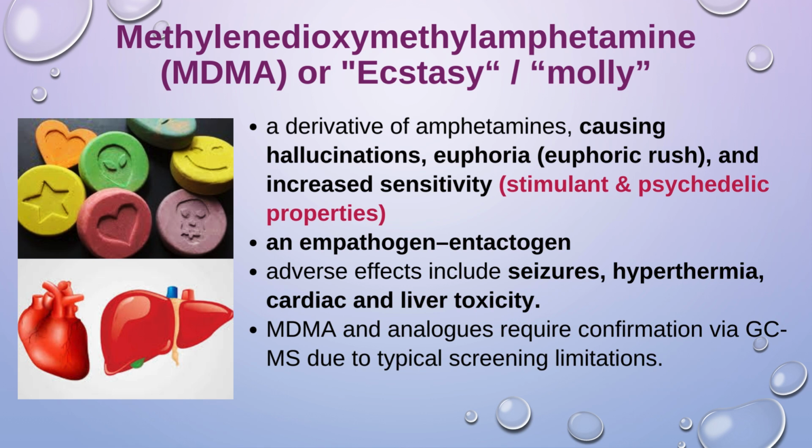This is an empathogen-entactogen drug of abuse. You tend to severely empathize with others if you are abusing this. Adverse effects include seizures, hyperthermia, cardiac and liver toxicity. This one requires GC-MS mass spectral analysis due to typical screening limitations.